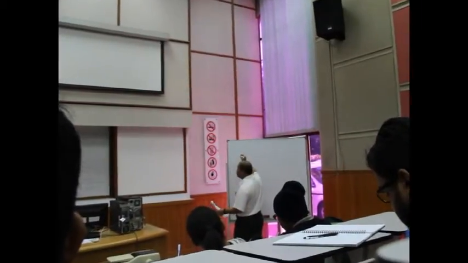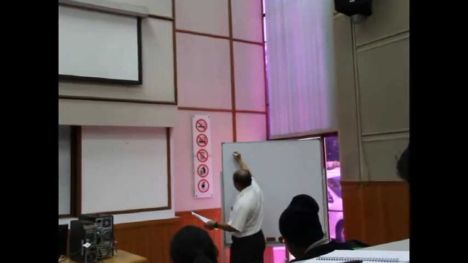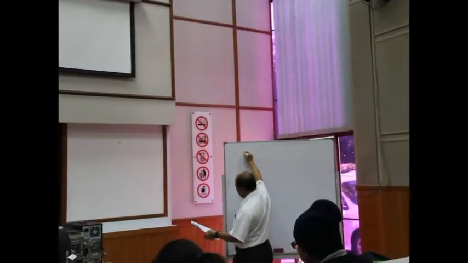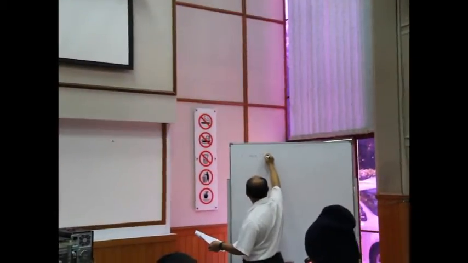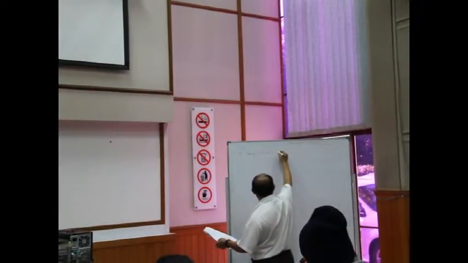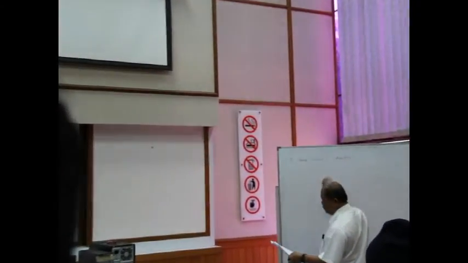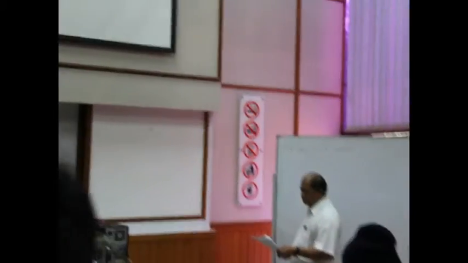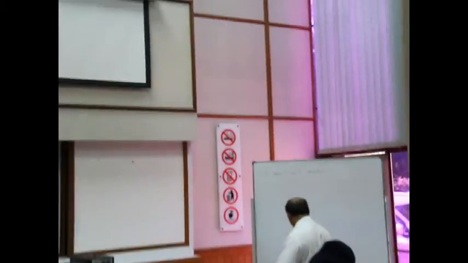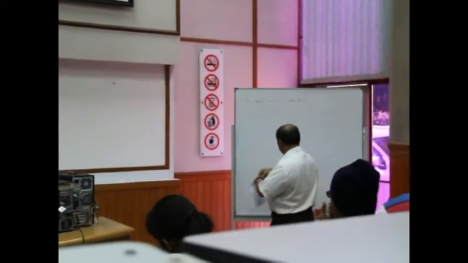So if we look at, say, strong interaction, or what you call color interaction. Here you have the RGB, the color force.